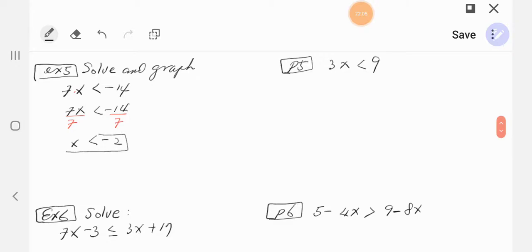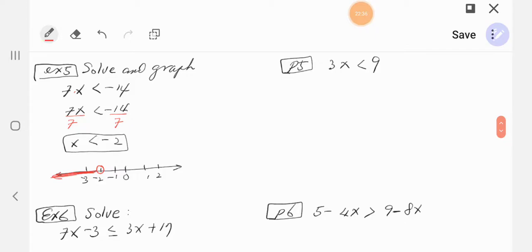For the graph, this is 0, 1, 2, and as you go left, negative 1, negative 2, negative 3. Negative 2 is not included, so use an open circle or parenthesis. Since x is less than this number, we highlight left of it.